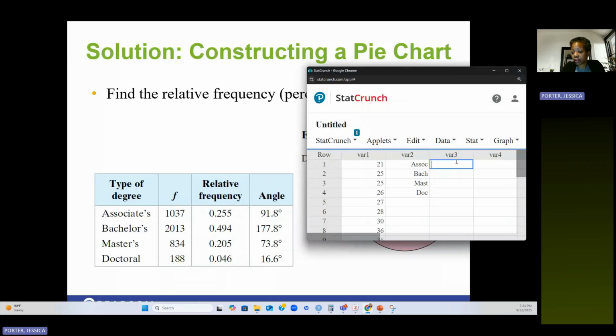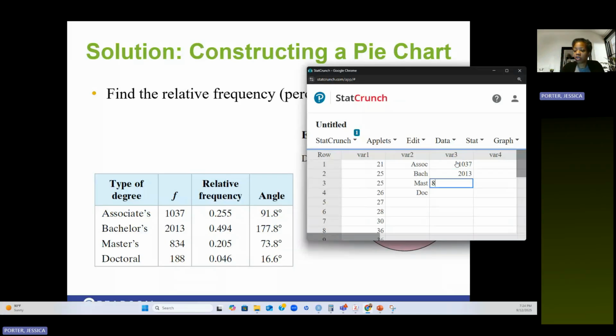All right, so 1037, 2013. And if you're calculating these by hand and you're doing your pie chart by hand, yes, you will need to calculate the relative frequency so you can find that angle. The relative frequency is what you'll multiply by 360 to get the angle of that particular piece of the pie.